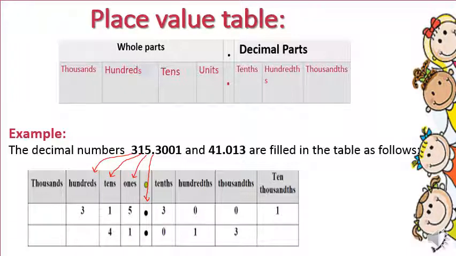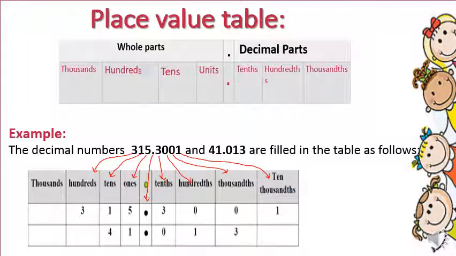So it's 315 point. And now let's place the decimal part. 3 is the tenth, then we have 0 in the hundredth, then 0 in the thousandth, and the last digit, which is 1, in the ten-thousandth.